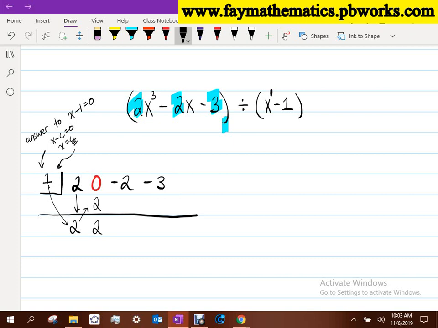You're going to take this 1, multiply it by that 2, and that result then goes there. And then you add straight down. And then you're going to take that 1 times that 0, and that result goes right there, and you add straight down, right?